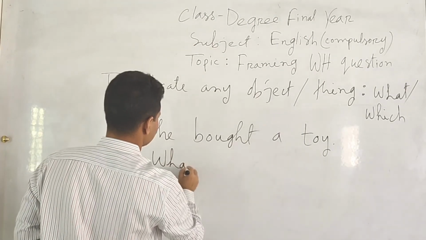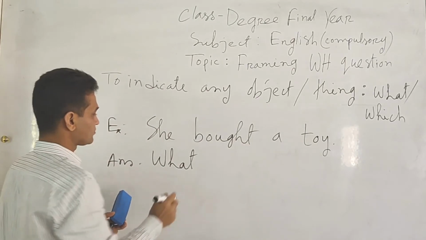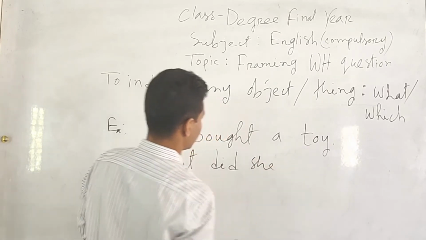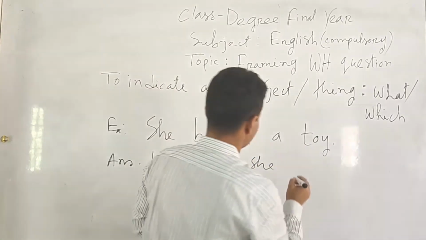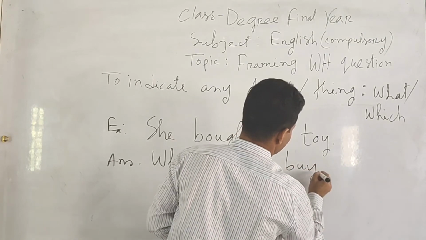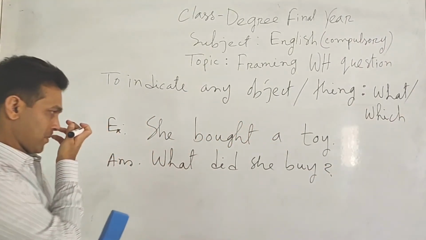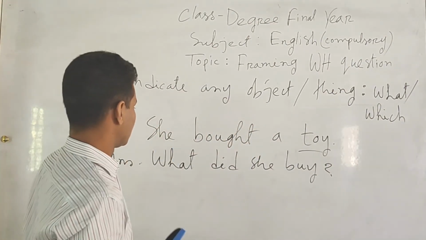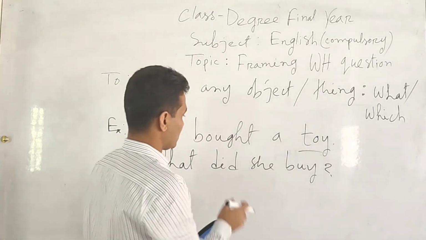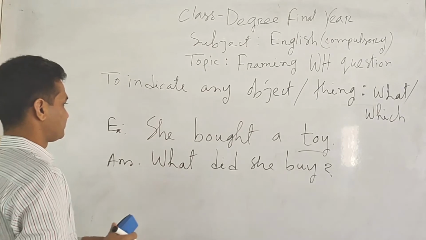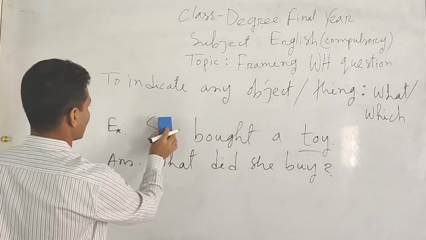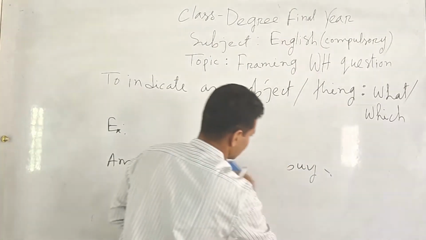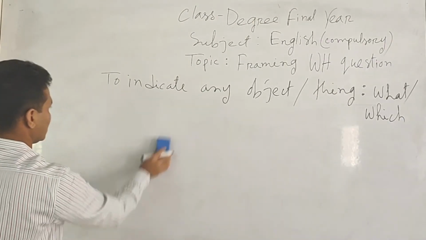What did she buy? Okay, so to indicate toy, an inanimate object, I have used what did she buy?